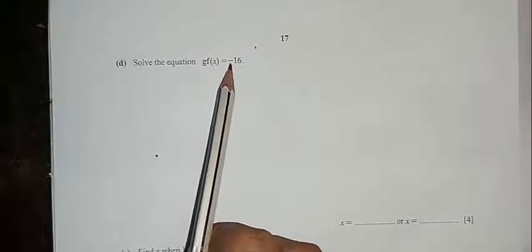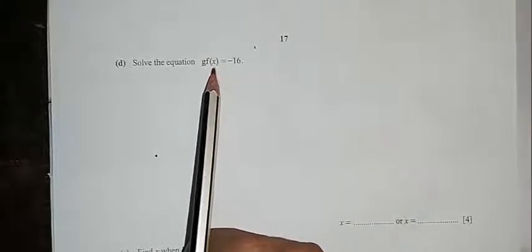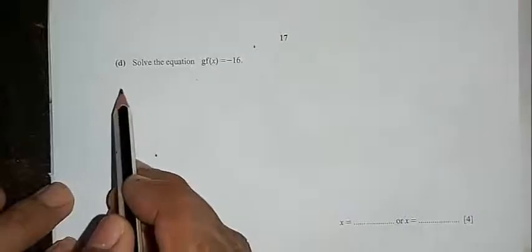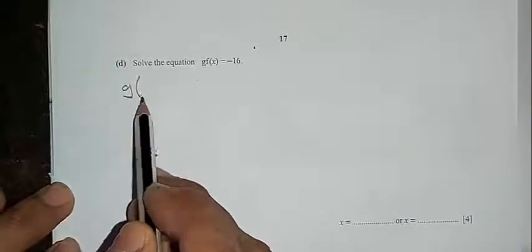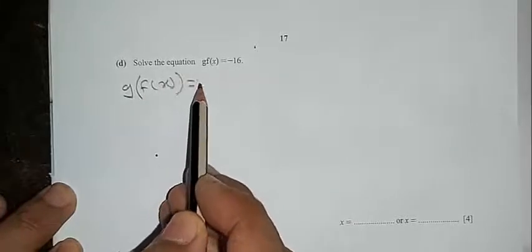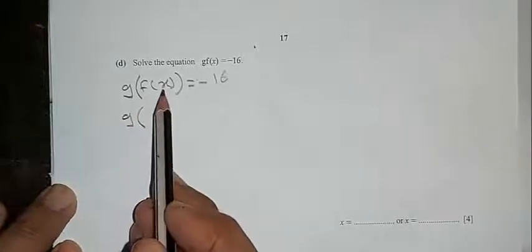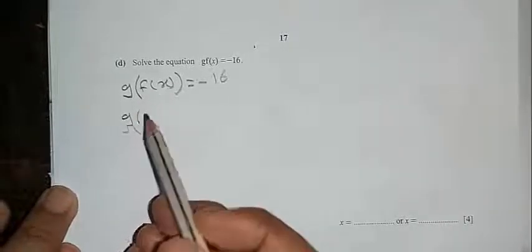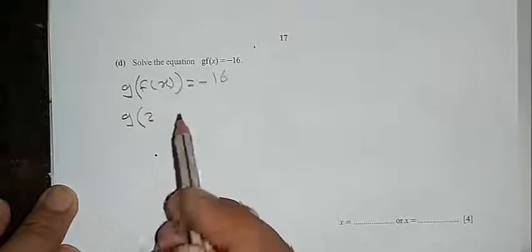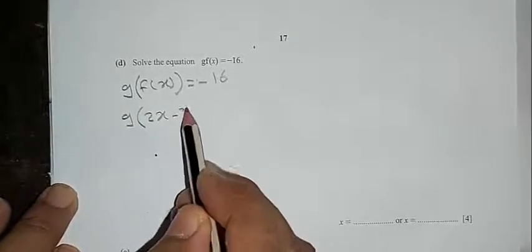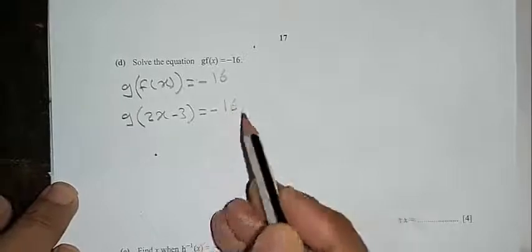In part B, solve the equation g(f(x)) equals negative 16. g(f(x)) means g after f. So we keep g outside and put f(x) inside, and this equals negative 16. We know f(x) is 2x minus 3, so we put 2x minus 3 here.